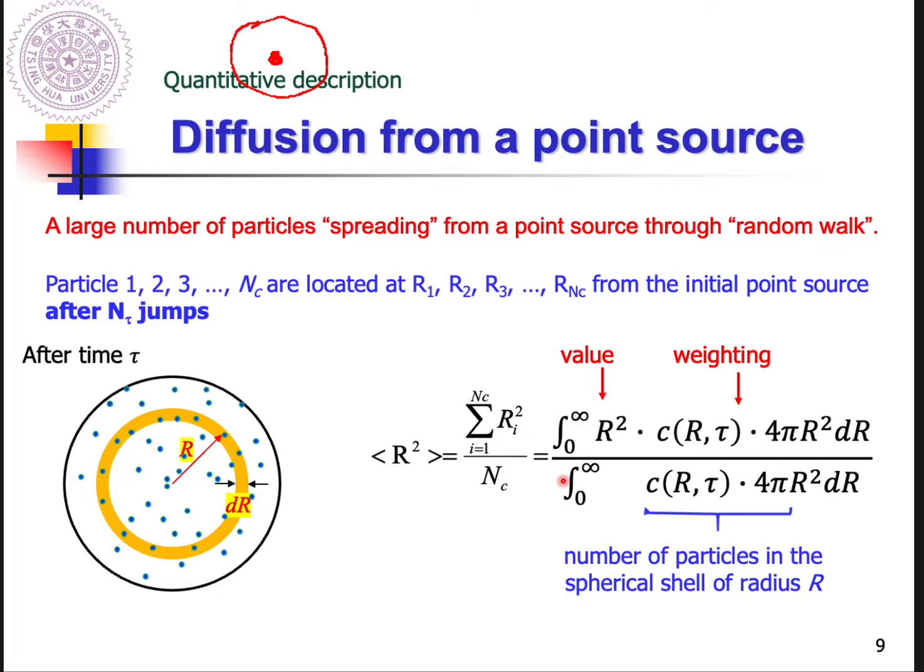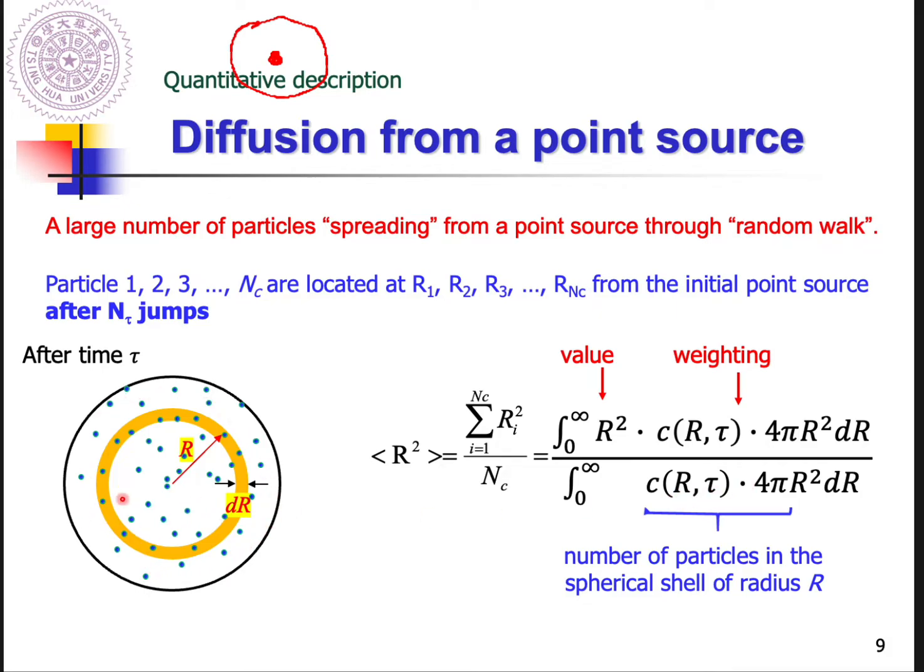And let's explain how to get the total number of particles. As long as you know the concentration profile as a function of radius r and time t, then you multiply by what?